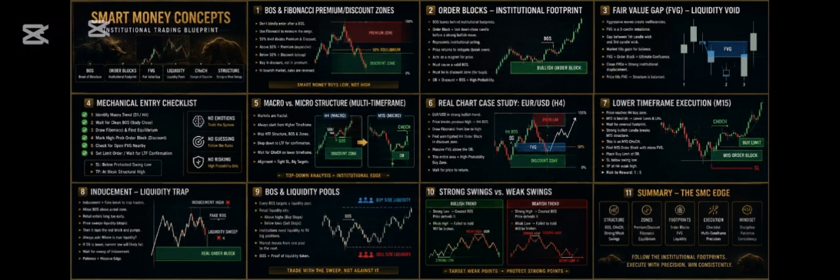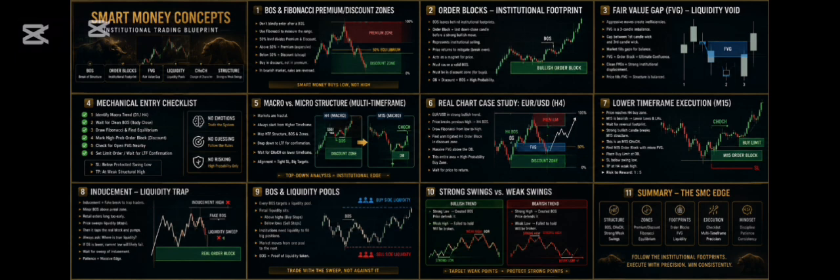Your stop loss goes safely below the protected structural swing low, and your take profit is placed targeting the weak structural high. This mechanical checklist completely removes destructive emotions like greed and fear from trading.